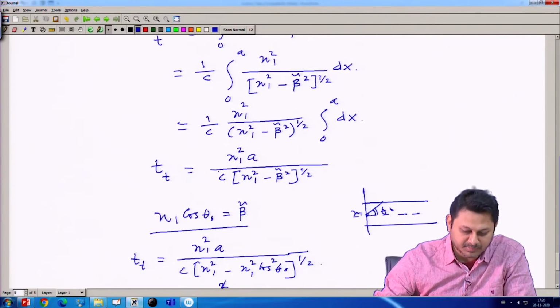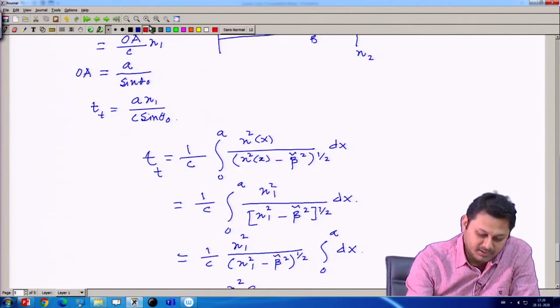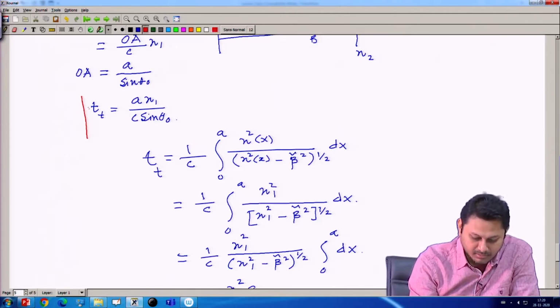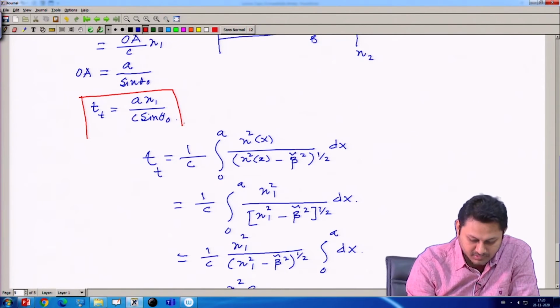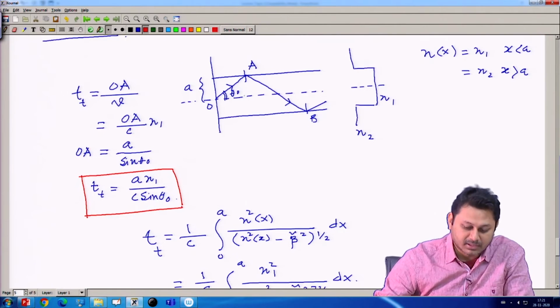So from this simple expression I find that whatever value I calculate using a straightforward concept, that the ray is moving from O to A point, what is the time it should take.